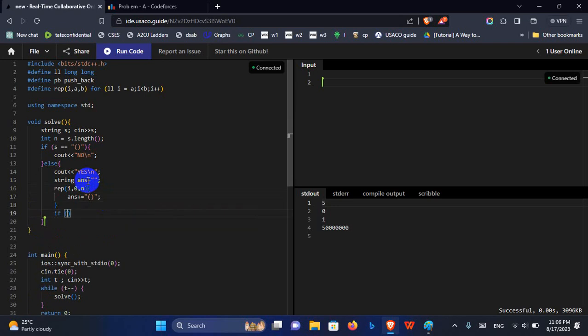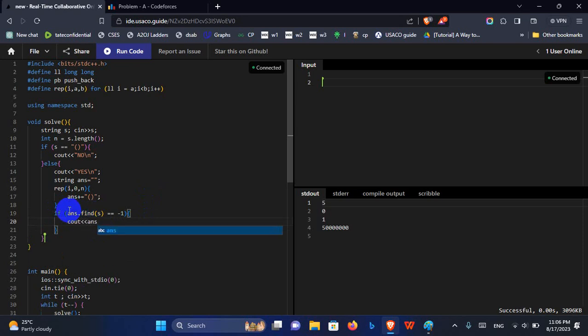If ans.find(s) equals -1, meaning it's not found and s is not part of ans, we will print this ans and this line.